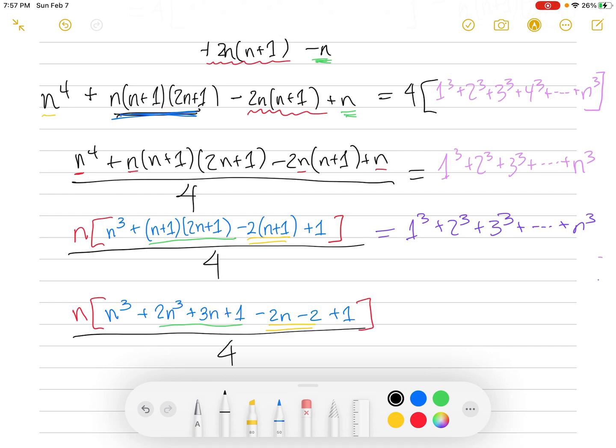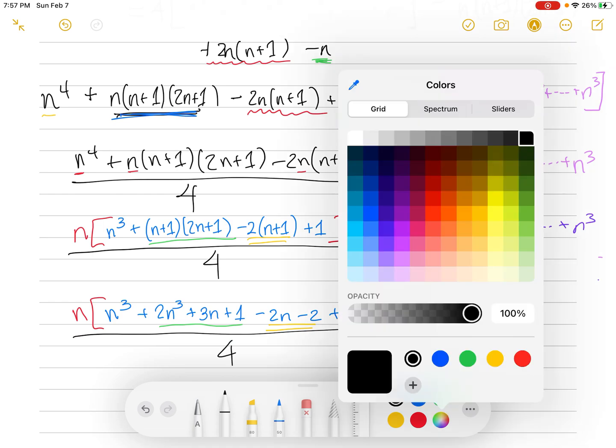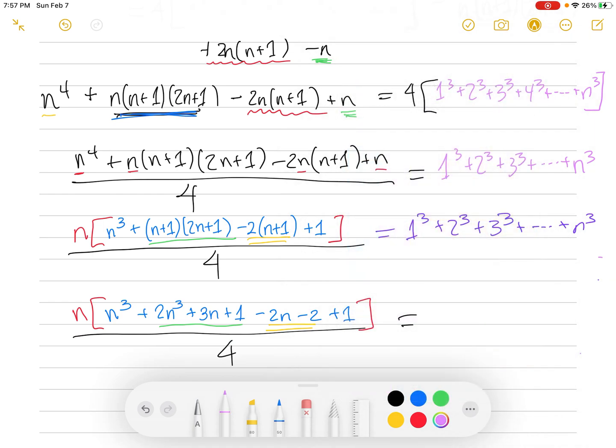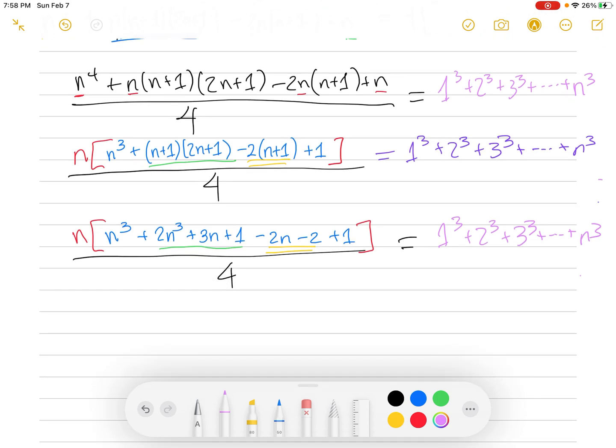That's all over 4. And of course, that's equal to the sum of cubes over here, 1 cubed plus 2 cubed plus 3 cubed, and so on and so forth, plus n cubed. Okay, so I want to do some combining like terms.